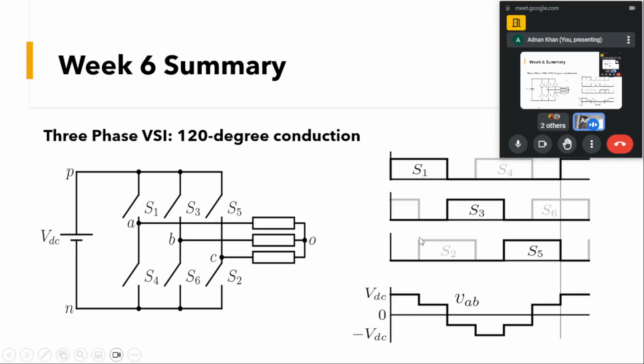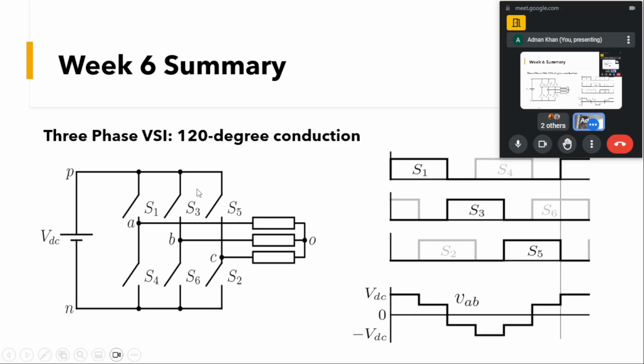So we will be seeing the waveforms. S1 will conduct for 120 degrees, then it will be turned off for 60 degrees, and after 180 degrees S4 will start conducting and it will also conduct for 120 degrees.